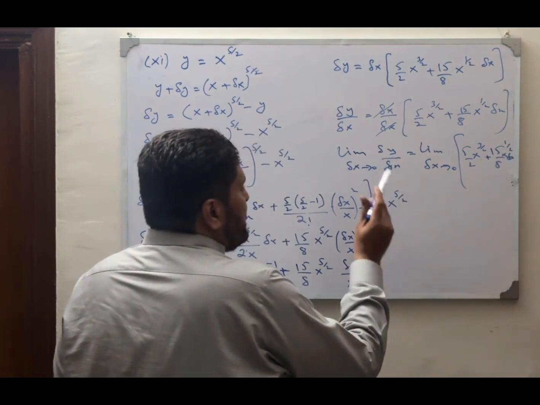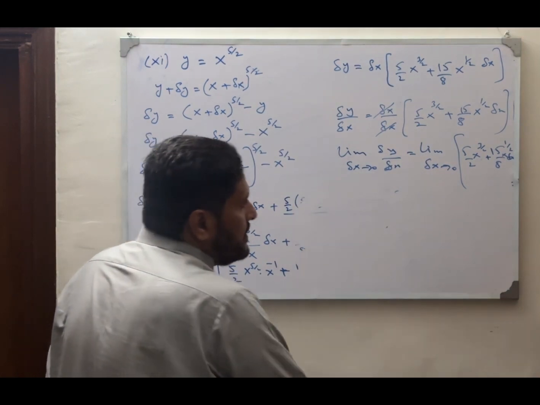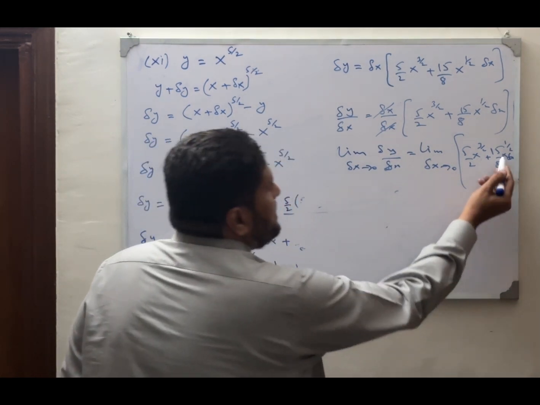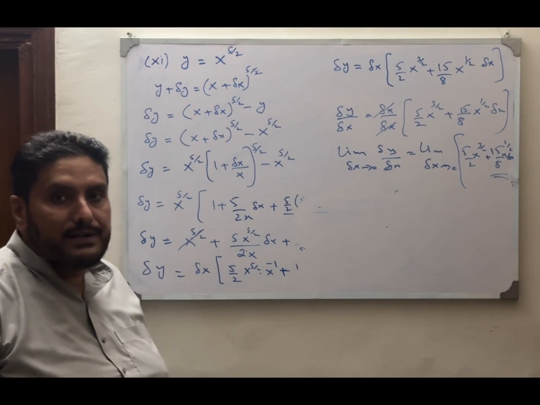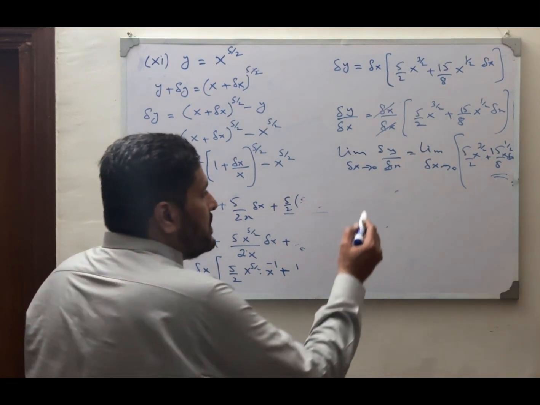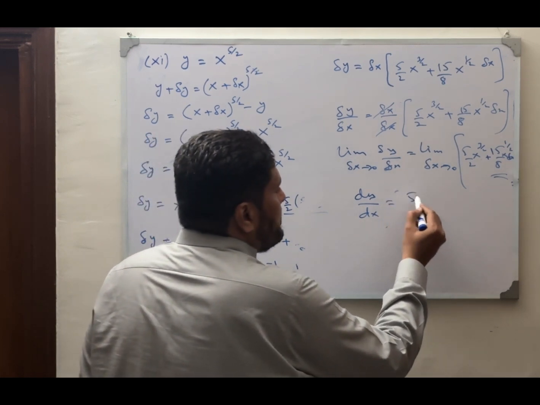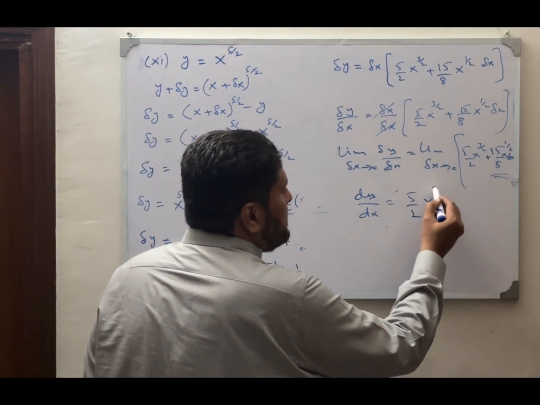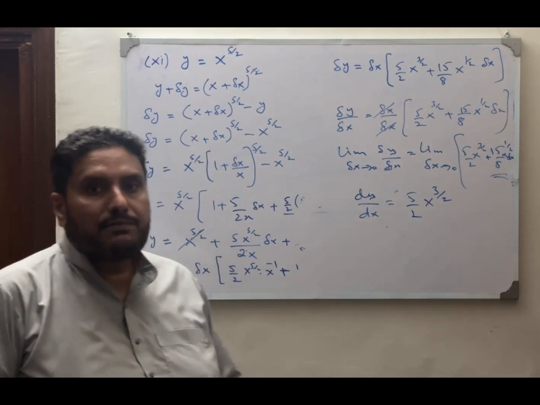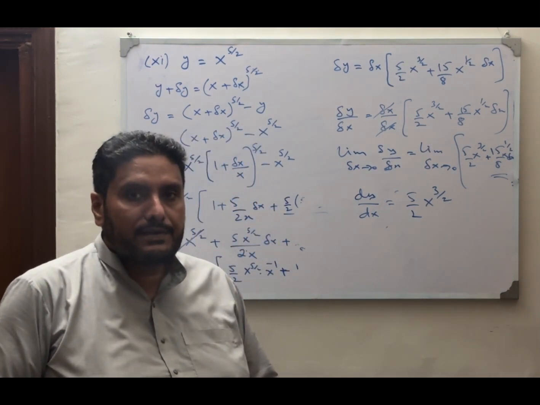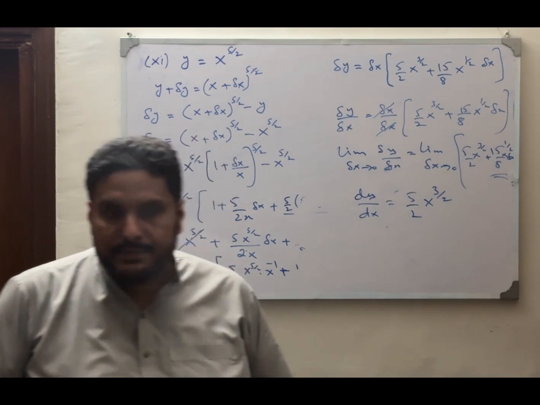So after applying limit, the second term will become 0 because it has delta x involved and our delta x is approaching to 0. So we write it as dy by dx is equal to 5 by 2 x power 3 by 2. So this will be our required derivative for this given function by using the principal method.